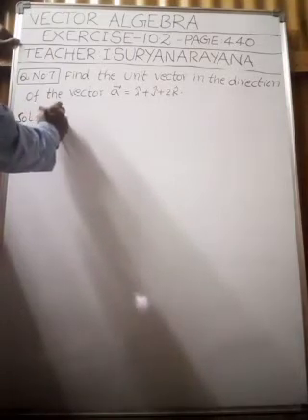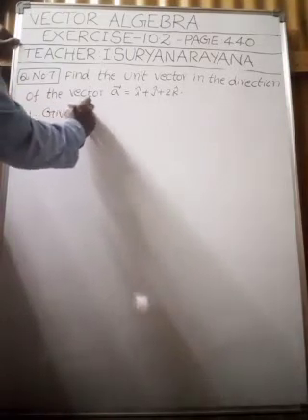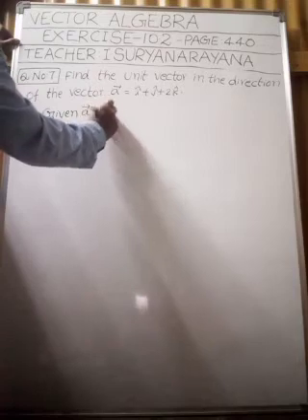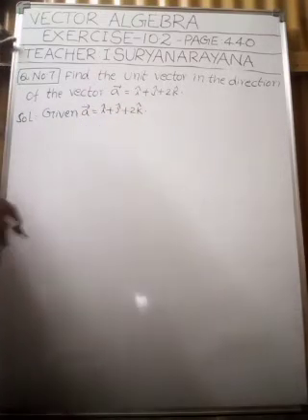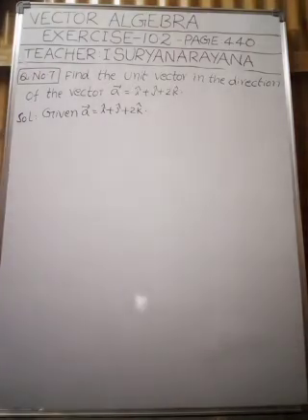Given a bar is equal to i cap plus j cap plus 2k cap. At the time of concepts, we discussed that the unit vector in the direction of a bar is denoted by a cap, and a cap is equal to a bar by mod a bar. Yes or no, my children? Do you remember that point?